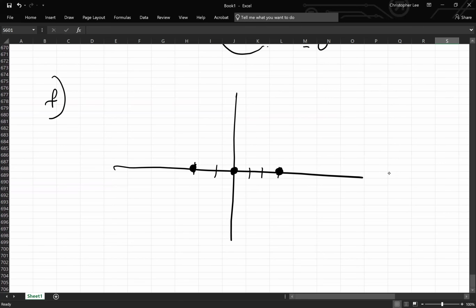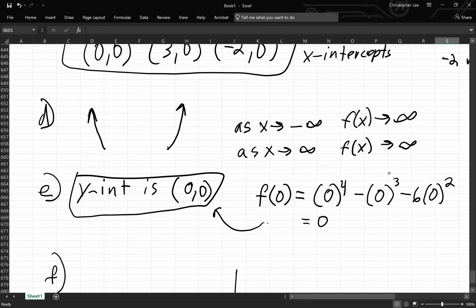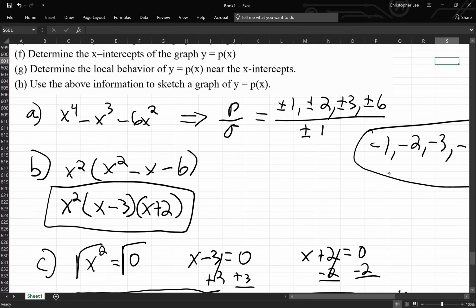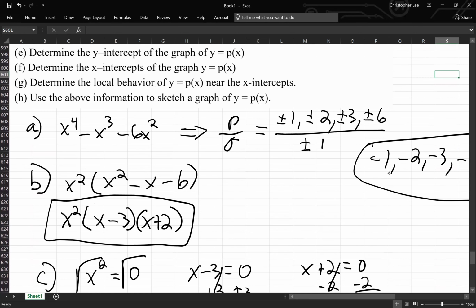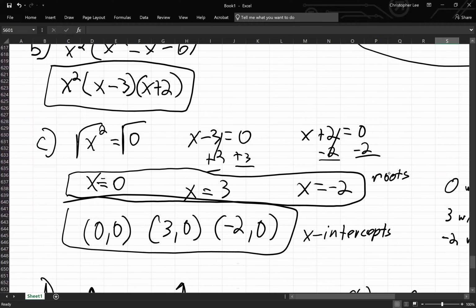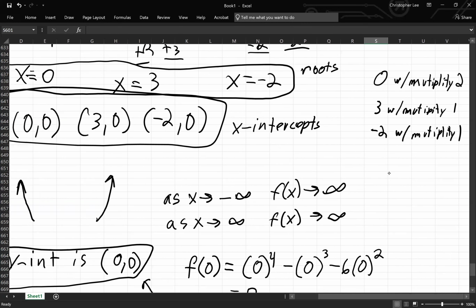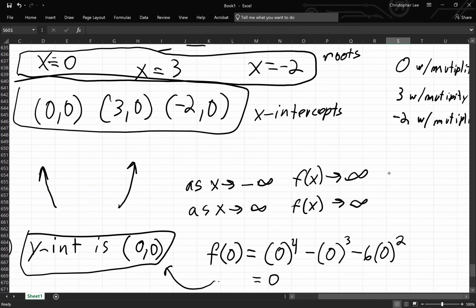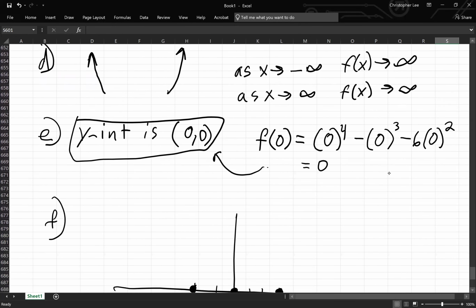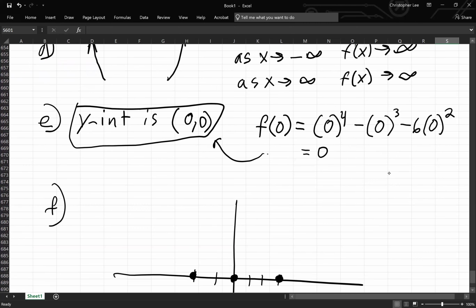So this is to the fourth power, of course. So what's going to happen here? I know that at 0, I have multiplicity 2, so that's going to be a bounce. And I know I'm going to break the graph at the 3 and at the negative 2.